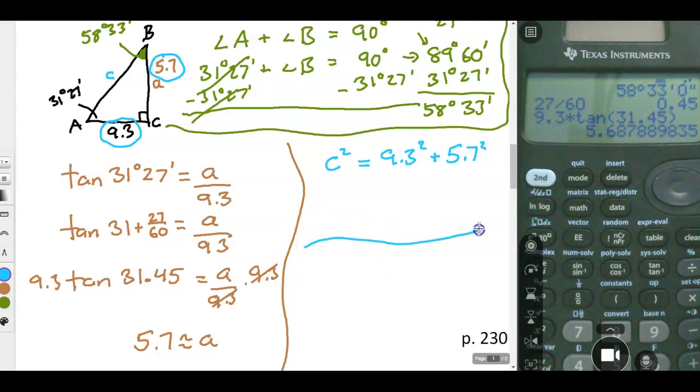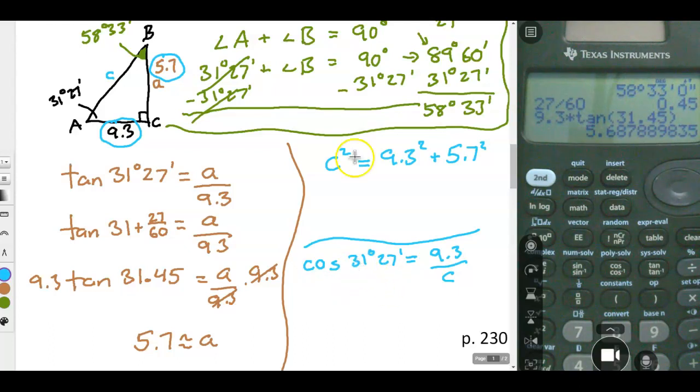Now you could also say, well, I can use, like I just mentioned, 9.3 and C. That would be cosine. So someone else could say, well, I could do cosine of 31 degrees, 27 minutes, and that will be equal to 9.3 over my hypotenuse, C. And you can solve that, and that will give you the same approximate decimal. It's just your preference, whatever you like.